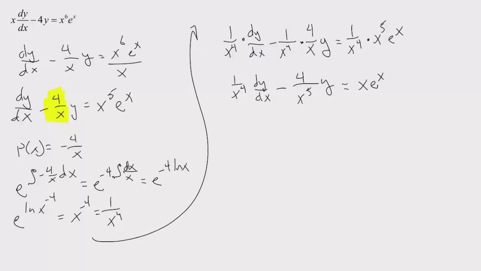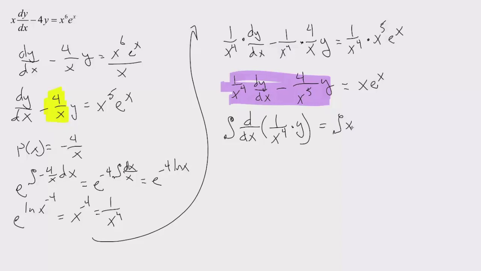If we did this right, this part right here should be an illustration of the product rule. So that should be the integral of d dx of 1 over x to the 4th times y, and the same thing on the other side, x e to the x.